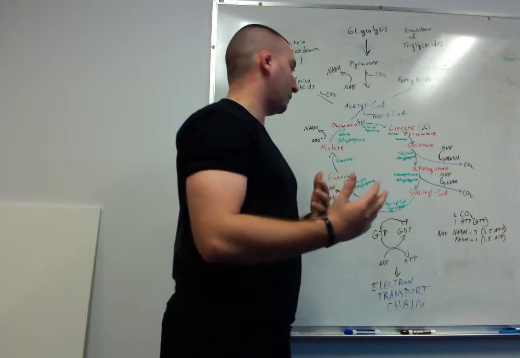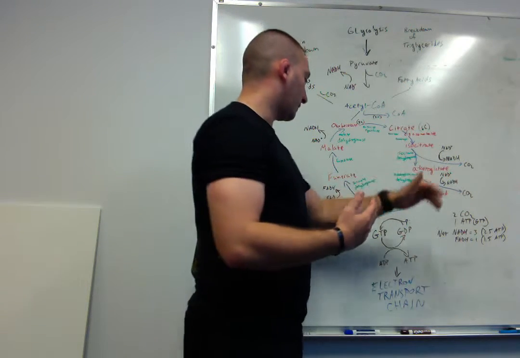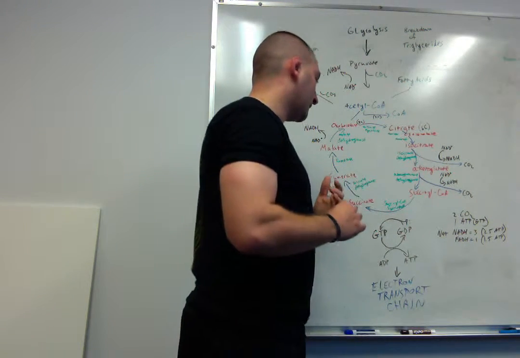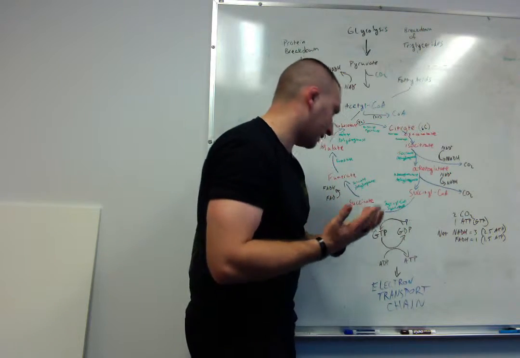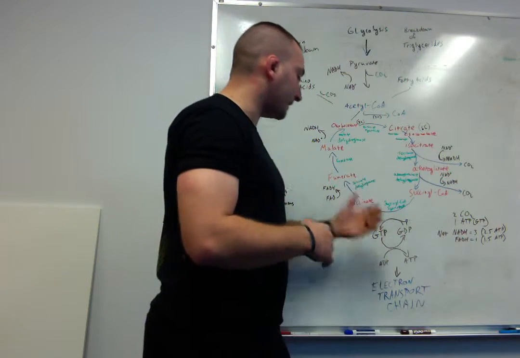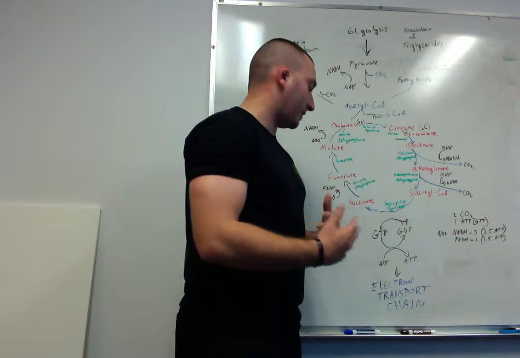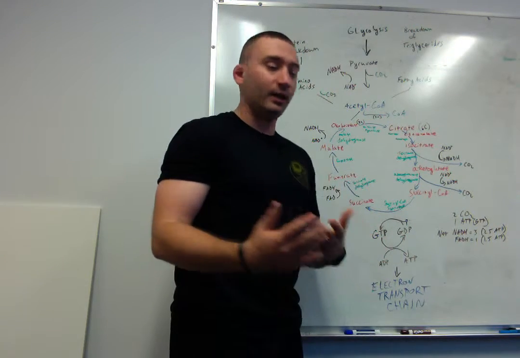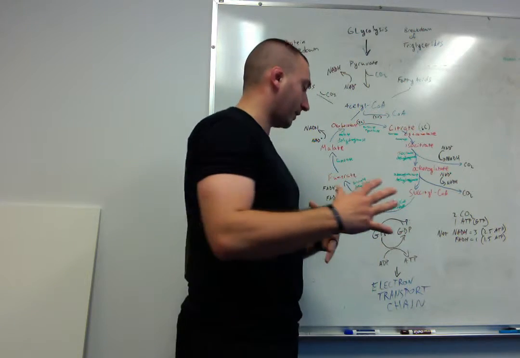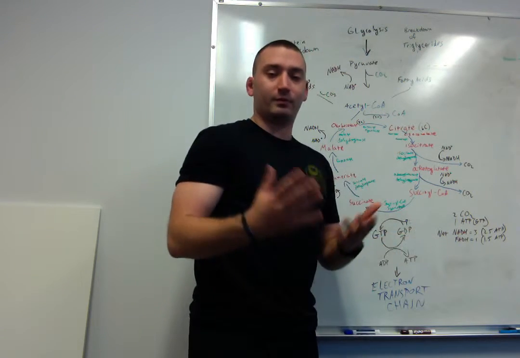We go next to succinyl-CoA to succinate through the enzyme succinyl-CoA synthetase. And at this point we also create a molecule called GTP, which essentially is ATP. It's an easy conversion, and from there, we just treat it as an ATP.